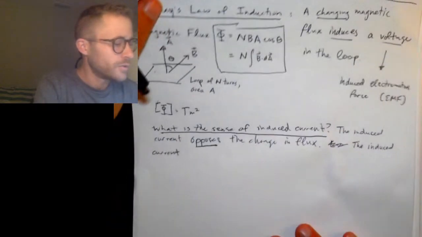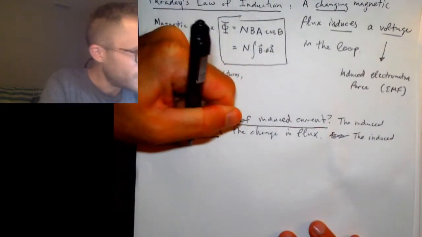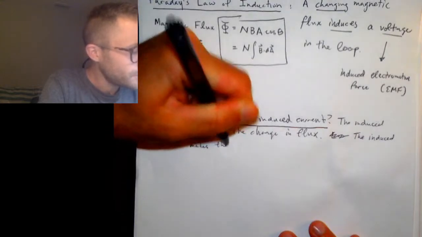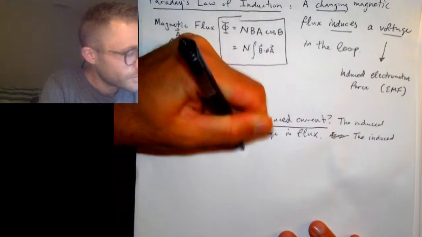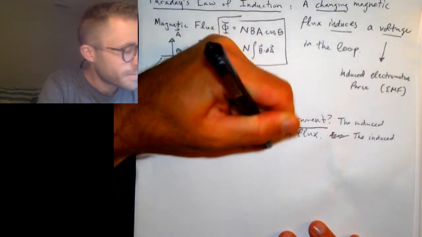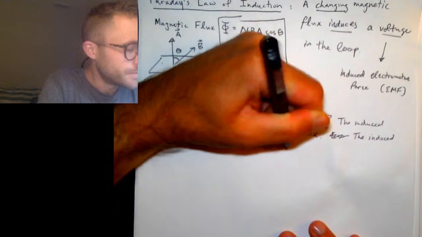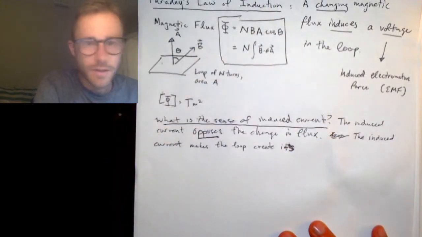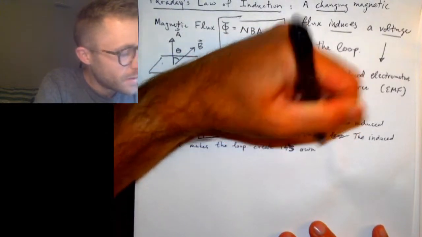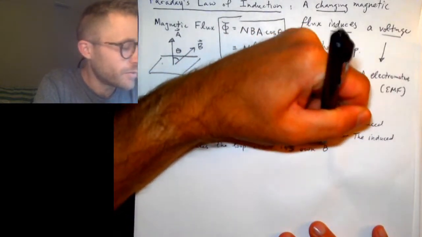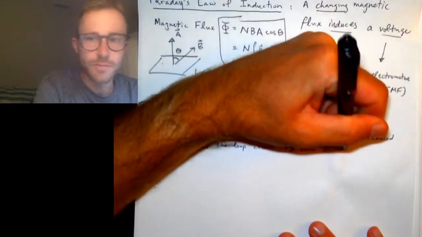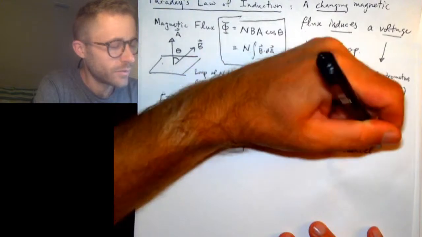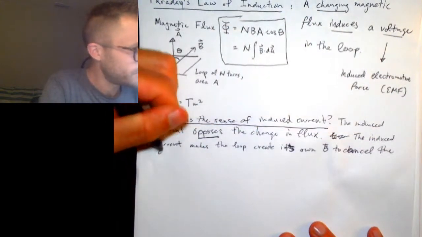So the induced current makes the loop create its own magnetic field to cancel the change.